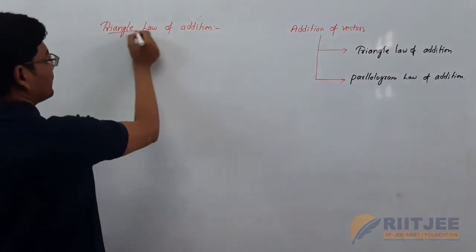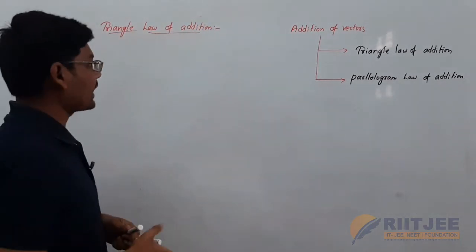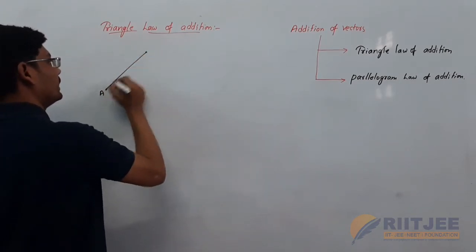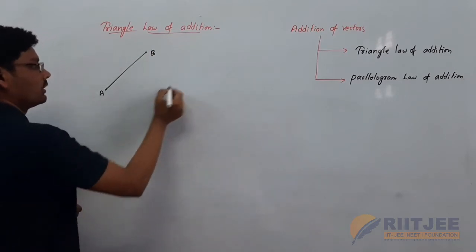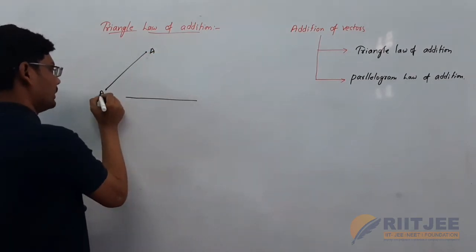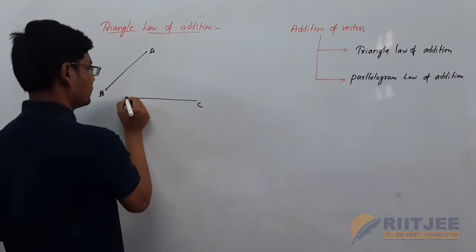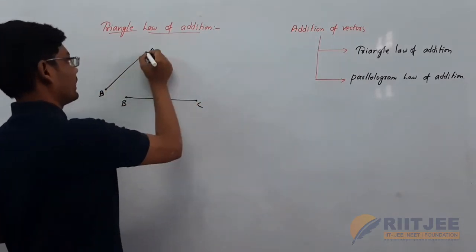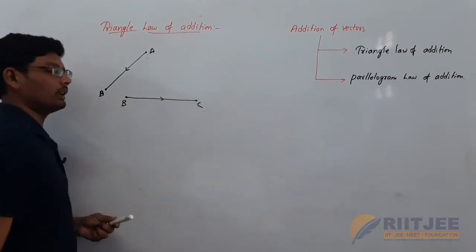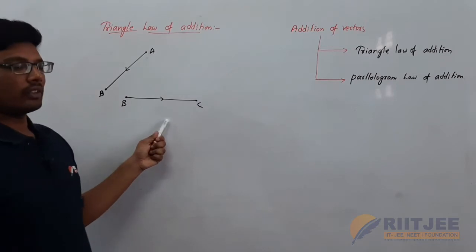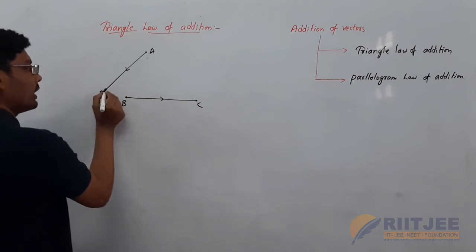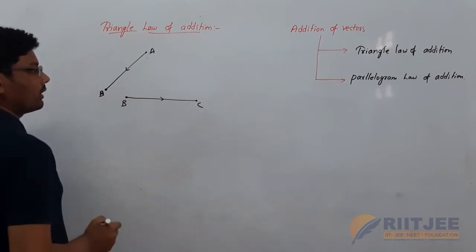First of all, I am taking two vectors. This is A, this is B, and this is B and this is C. For understanding purposes, this is one vector A to B and this is one more vector B to C. If you want to add these two vectors, first of all you have to join the terminal point of the first vector with the initial point of the second, here BC.